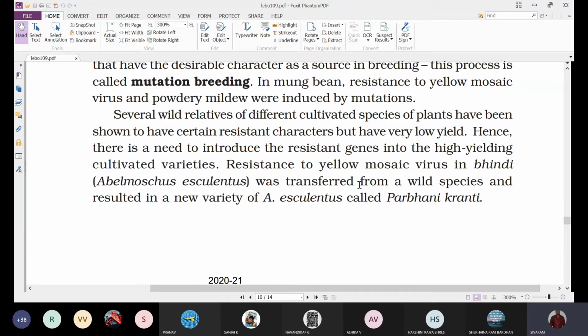They developed a new variety called Parbhani Kranti by introducing the disease resistant gene for yellow mosaic virus into Abelmoschus esculentus.